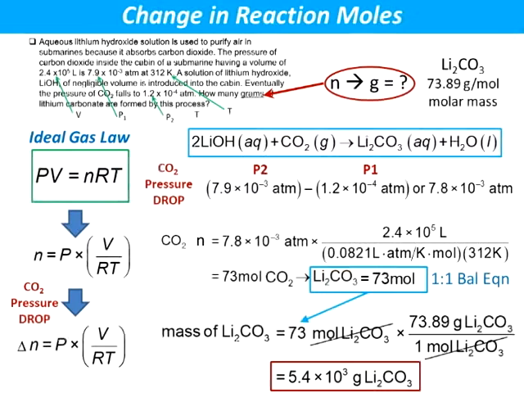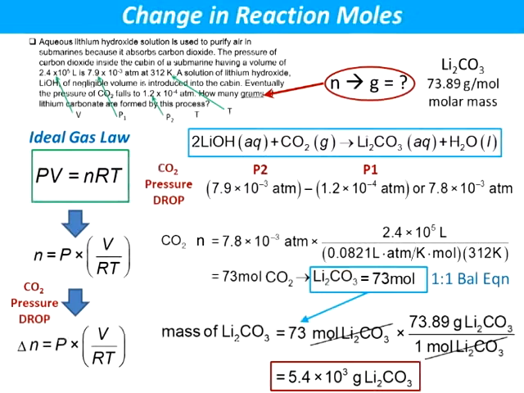Therefore, if we obtain 73 moles of carbon dioxide, we know that that corresponds to 73 moles of lithium carbonate in a 1:1 balanced equation. So then, we effectively have 73 moles of lithium carbonate to work with.